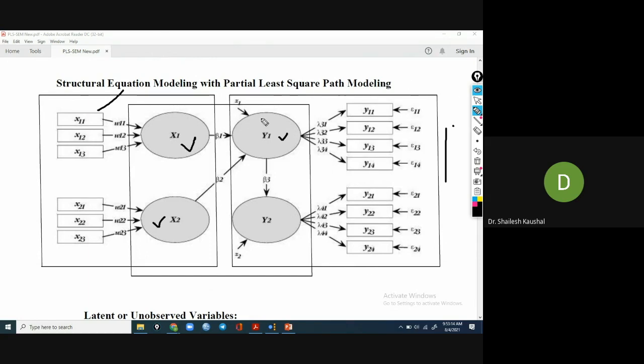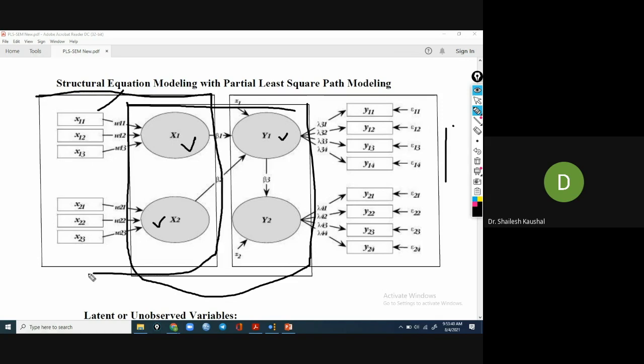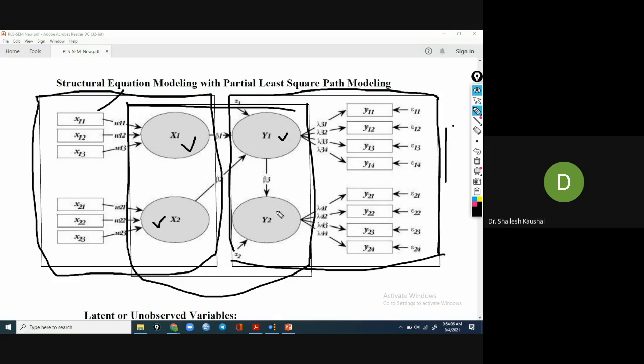Outer model means that here we are not getting a relationship between two constructs. It is simply the relationship between the oval shape, the construct, and the measured variables. The same goes for this other outer model, where we get the relationship between the dependent variables and the endogenous constructs y1 and y2.